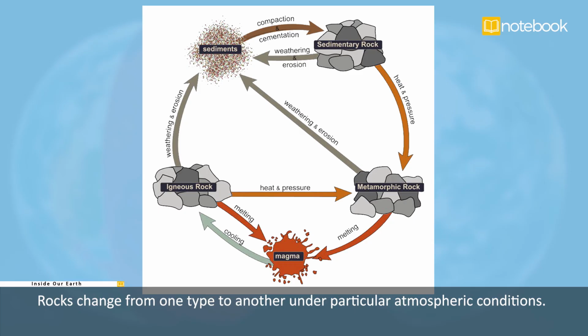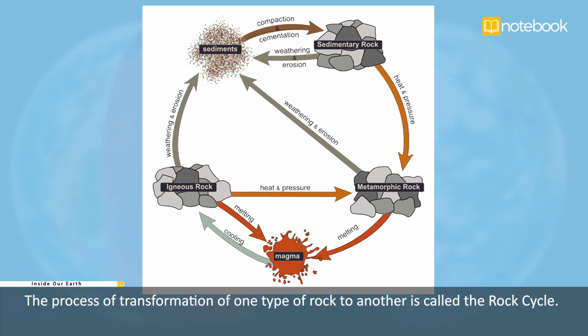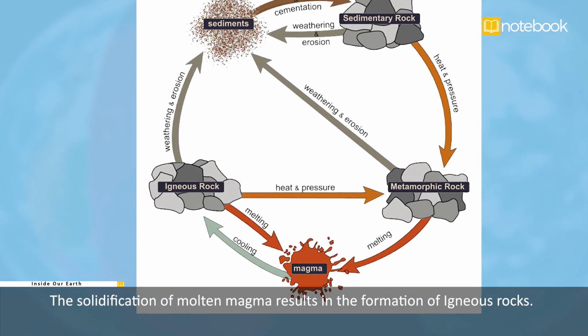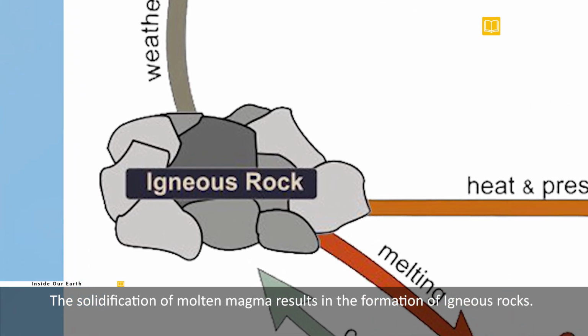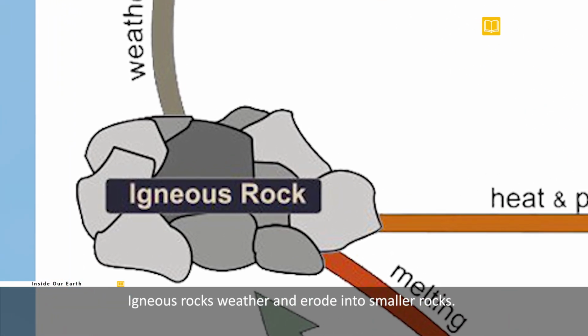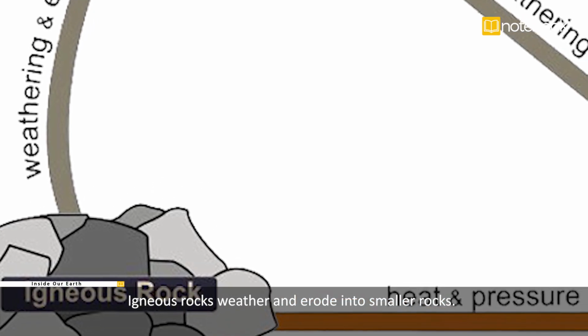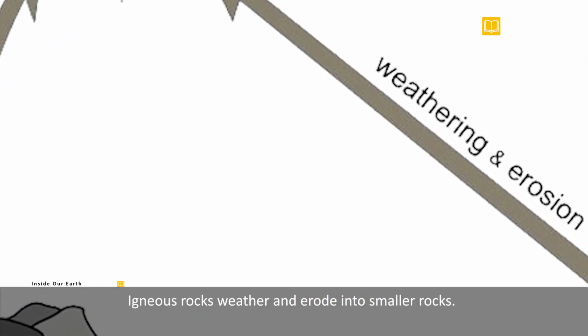Rocks change from one type to another under particular atmospheric conditions. The process of transformation of one type of rock to another is called the rock cycle. The solidification of molten magma results in the formation of igneous rocks. Igneous rocks weather and erode into smaller rocks.